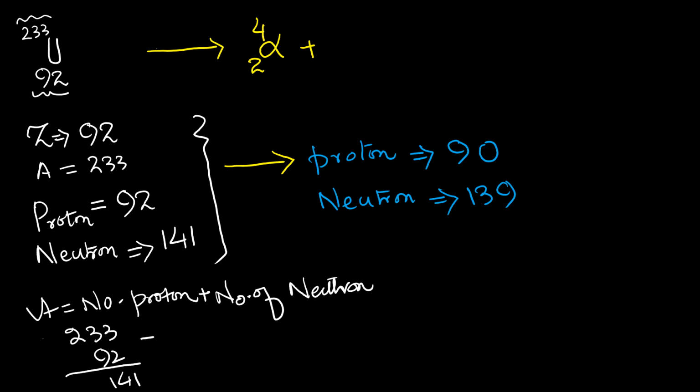So now, as you know, the number of protons and neutrons make the atomic weight. So the atomic weight of the new element will be 229. We add the number of protons, which is 90, and the number of neutrons, which is 139. So the total number of protons and neutrons, the atomic weight of the new element, will be 229.